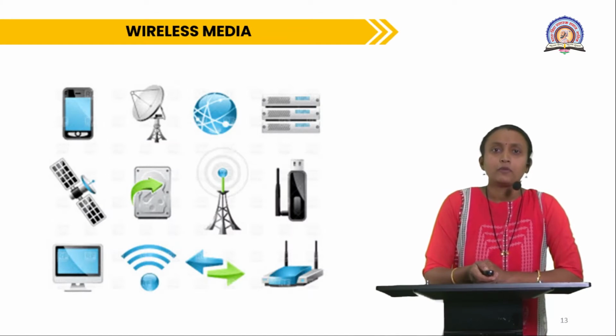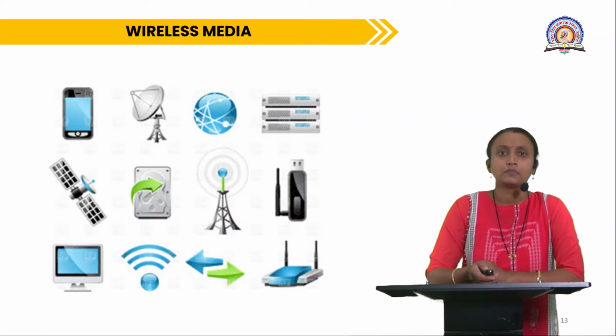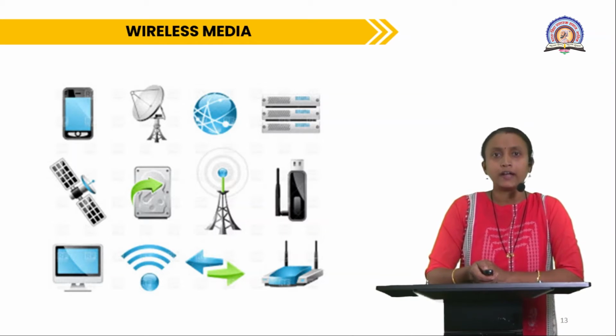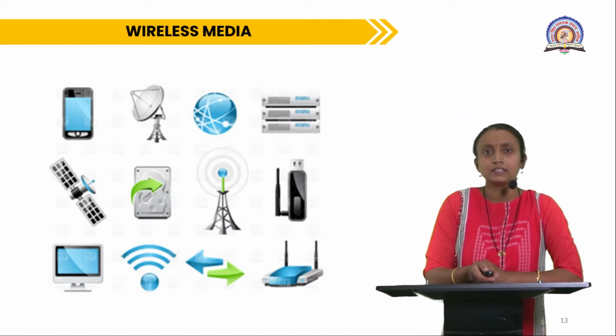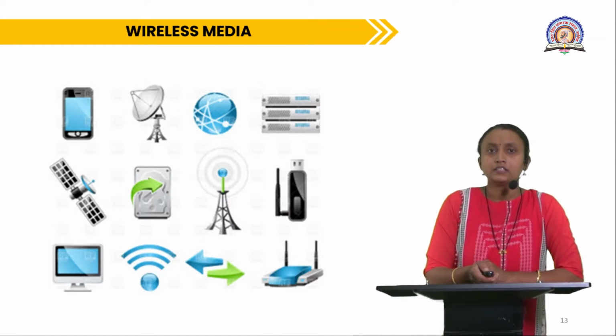Then the second type of media is wireless media, also known as unbounded media or unguided media. It is known as unbounded media or unguided media because there is no actual physical path present between sender and receiver. Instead of actual physical link, the electromagnetic waves are used to carry the signal from sender to receiver.